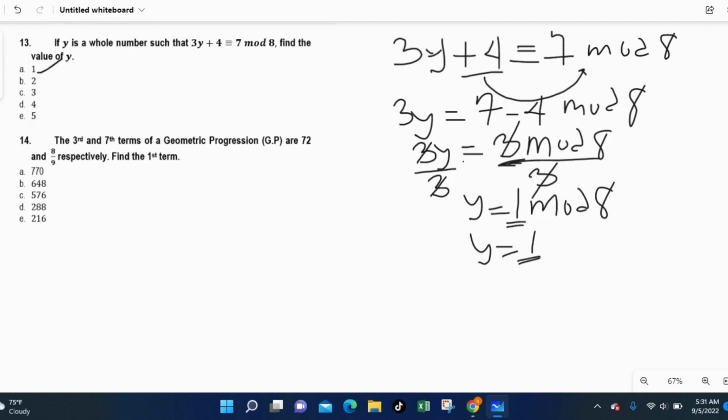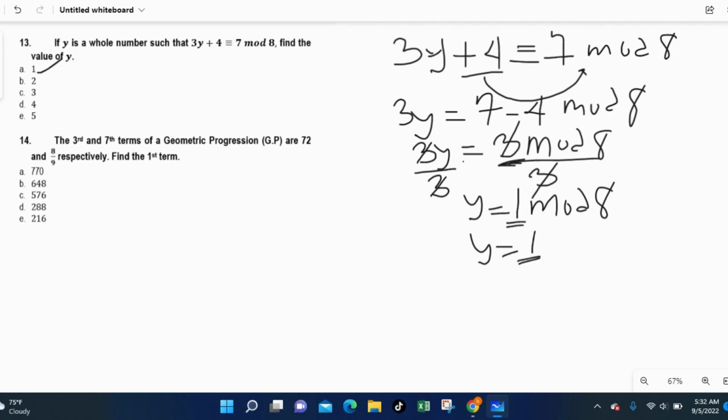Now in the second question, we are told that the third and seventh terms of a geometric progression are 72 and 8/9 respectively. We are asked to find the fourth term. A geometric progression has R as its common ratio and A as the first term.